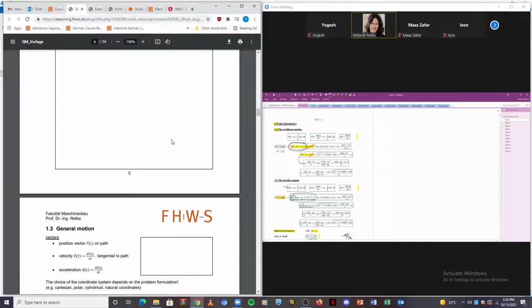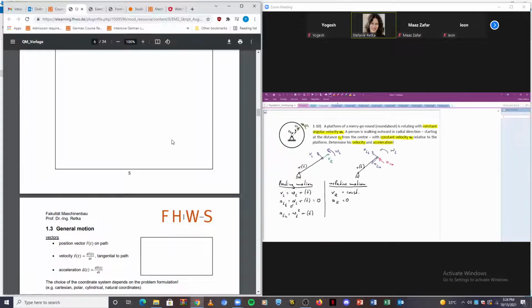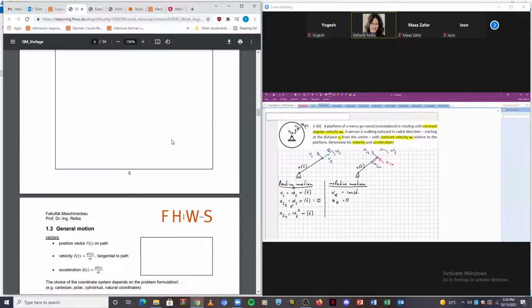So this equation is what we need here as well. In our case, it's not x, it's r. r is equal to r0, the starting position of the person, plus the constant velocity of the person walking, times t, and the acceleration is 0.